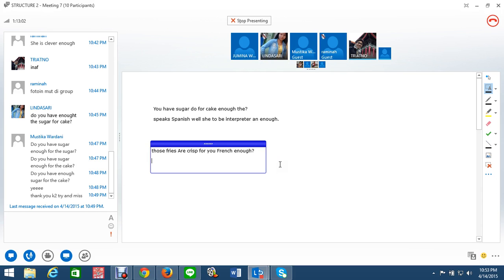I have told you before that you have to identify what kind of sentence it is. This is an interrogative sentence. So we have to change the sentence into interrogative. First we have to find the helping verb, or to be, in the sentence.